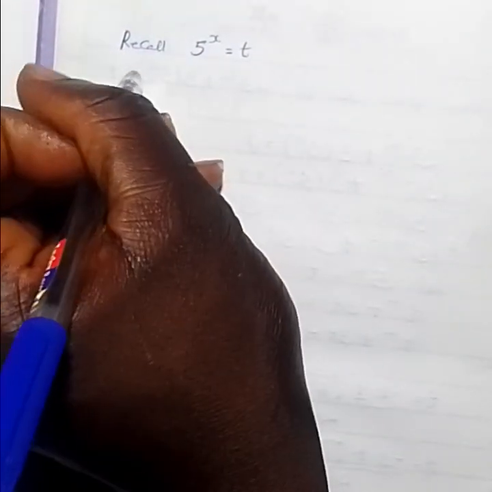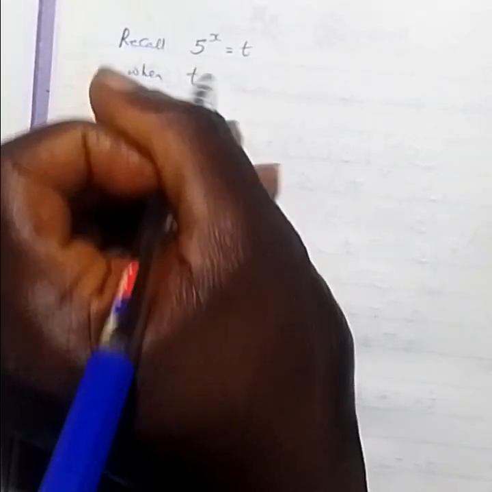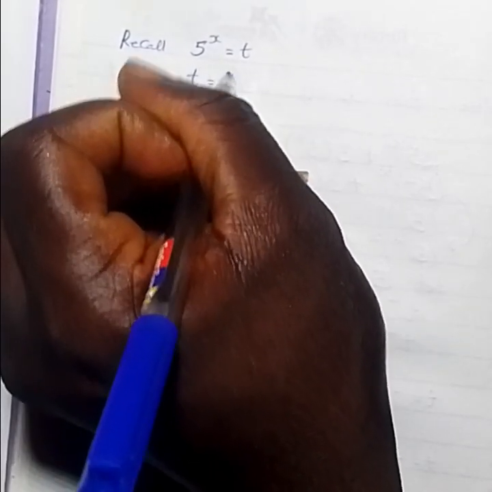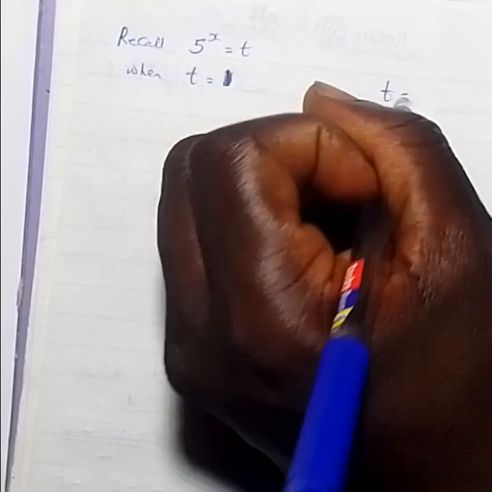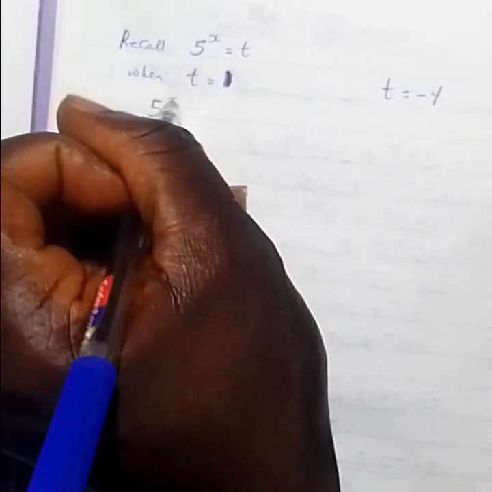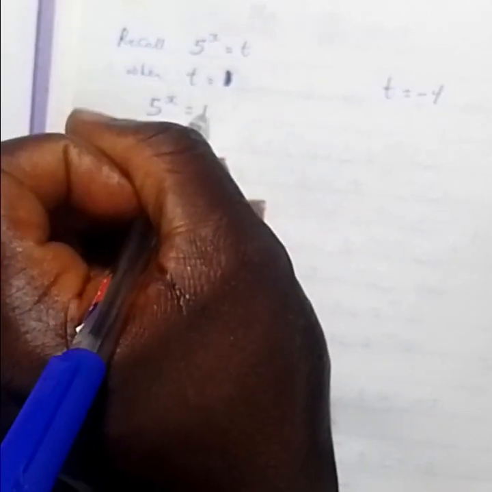Alright, so recall that I said earlier that 5 raised to the power x is t. Since t has two answers, 1 and minus 4, when t is 1, we have 5 raised to the power x, where we replace the t with 1.